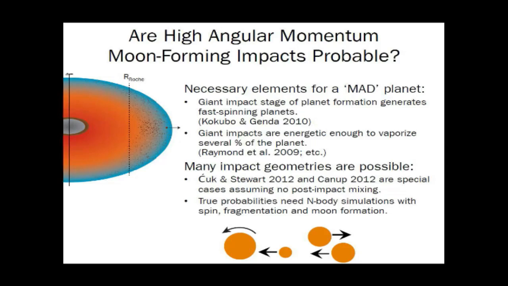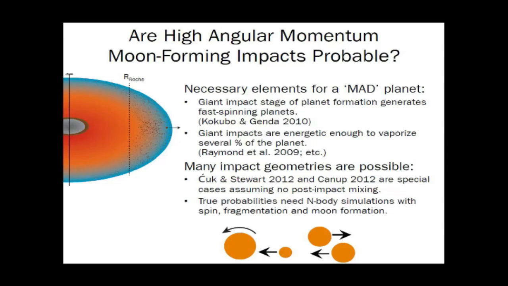These cases were tuned to not require post-impact mixing, and the irony is that it generates a structure that naturally mixes. And so we can have many different impact scenarios make a mad planet, and the true probability will need further n-body simulations that actually keep track of spin and fragmentation.